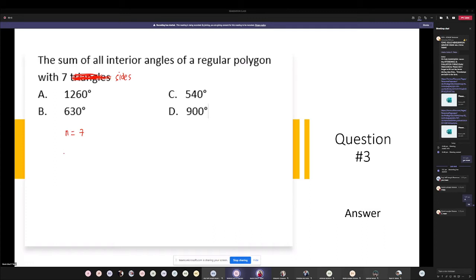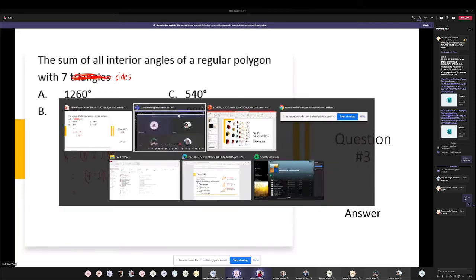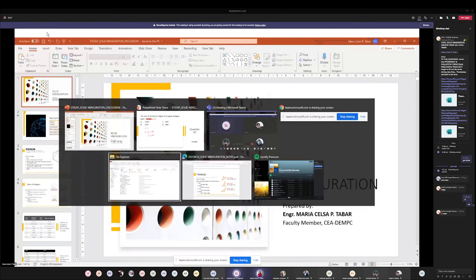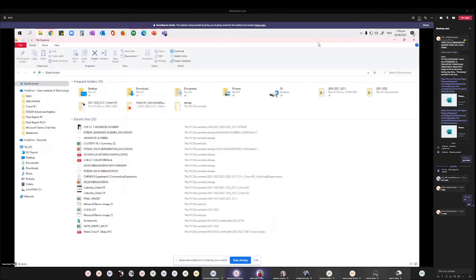So for the summation of the interior angles formula, we have n minus 2 times 180 degrees. So that would be 7 minus 2 times 180 degrees. So that's 5 times 180. So let me first get my calculator.